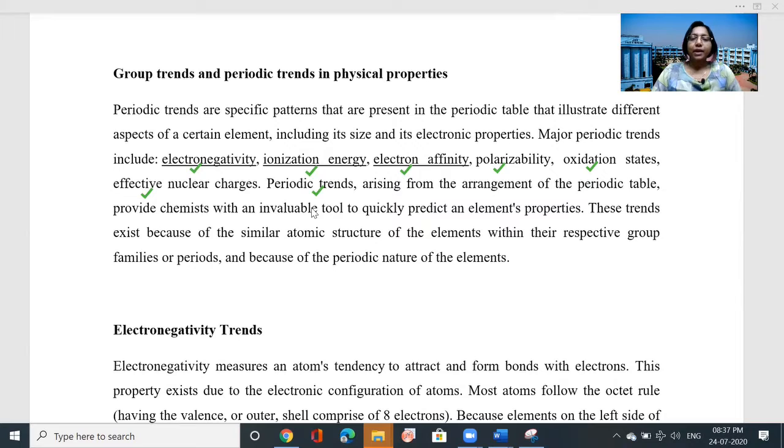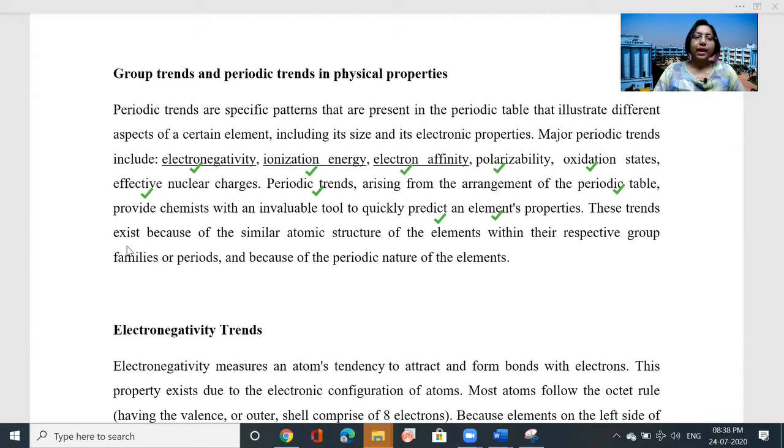Periodic trends arising from the arrangement of the periodic table provide chemists with an invaluable tool to quickly predict an element's properties. From the periodic table, anybody can understand the group similarity and predict the properties of the elements.